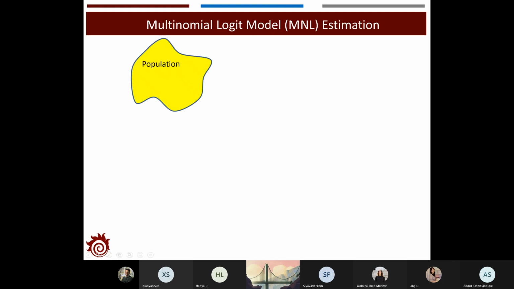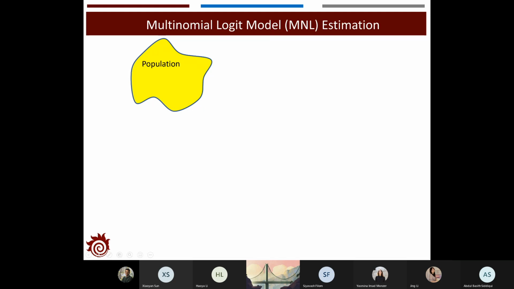First of all, we assume that there's a population. That's the general start of all regression issues. We have the population, which is where we want to calibrate the model. And the population has a lot of users, thousands, tens of thousands, or millions of users. Apparently, we cannot know the information of all the users.